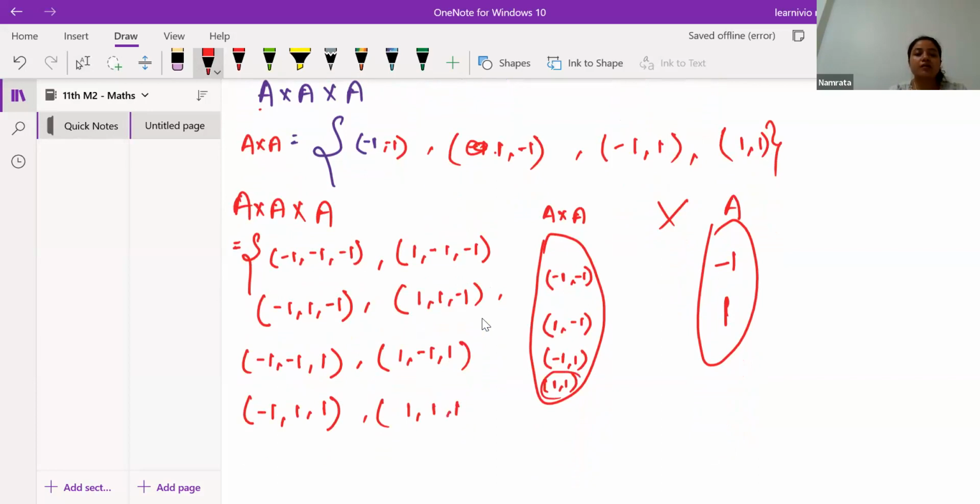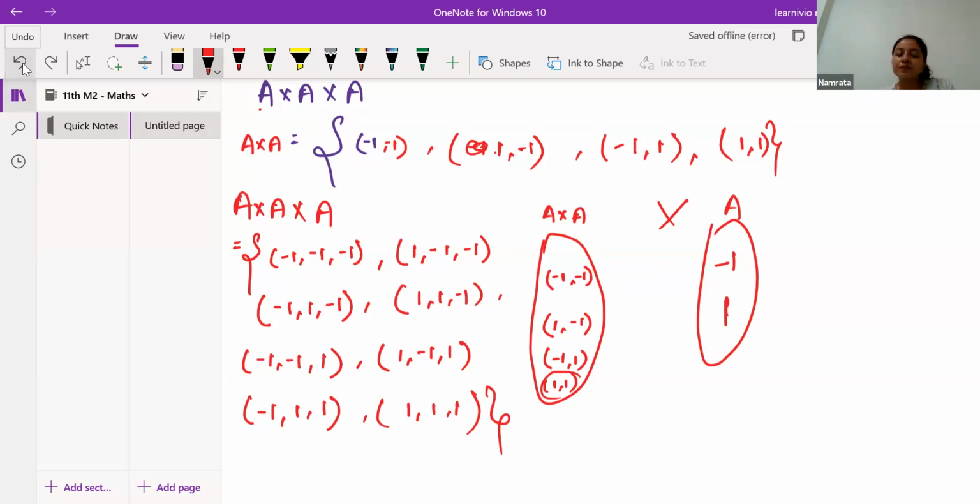Then -1, 1, 1. Then 1, 1, 1. Even if you are writing the ordered pairs in a different order, if you are doing first this one and then this one, then also we are correct. We just have to write all the possible combinations.